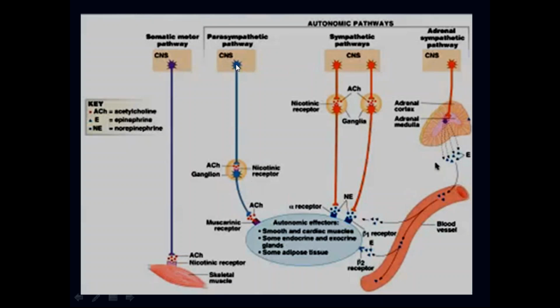In the parasympathetic, acetylcholine in the preganglionic and acetylcholine in the postganglionic. The sympathetic is going to release acetylcholine in the preganglionic, but in the postganglionic it is going to produce adrenaline or noradrenaline. Those are going to affect whom? The adrenergic receptors, alpha and beta receptors. Okay?